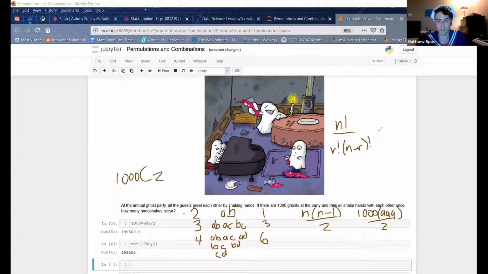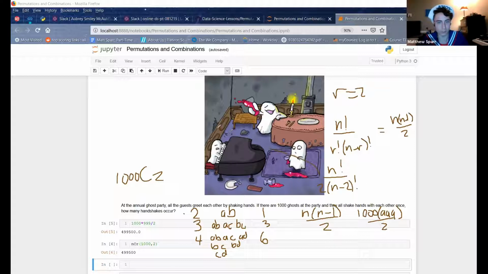So this should be equal to n times n minus 1 over 2 when r is equal to 2. And to prove that that's the case, we can write it out this way. So 2 factorial is just 2 times n minus 2 factorial.